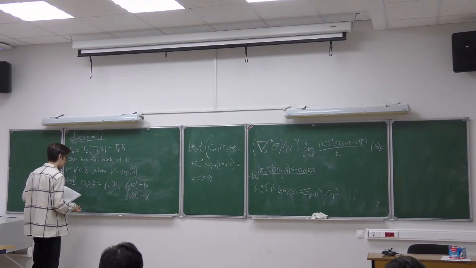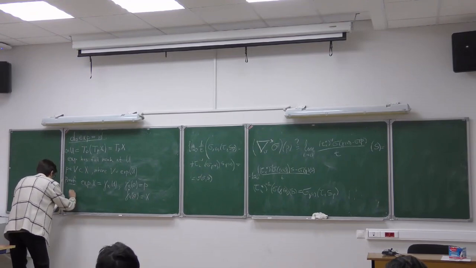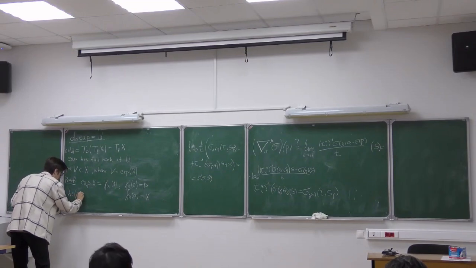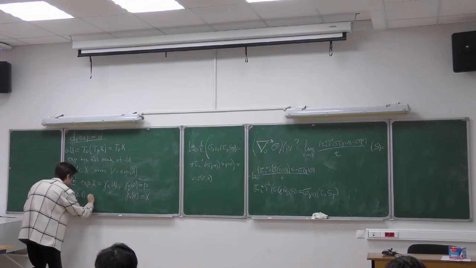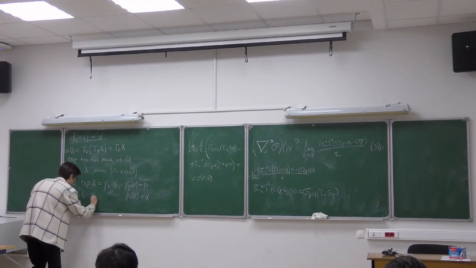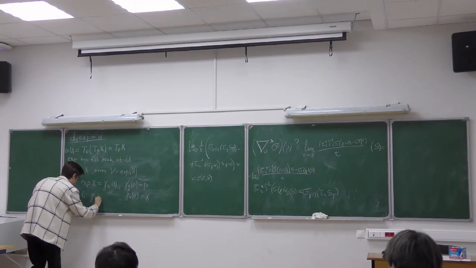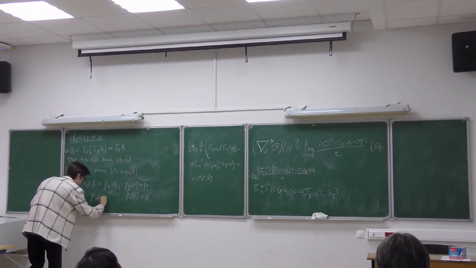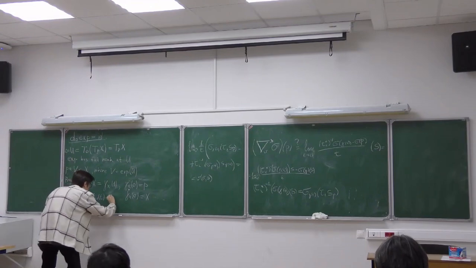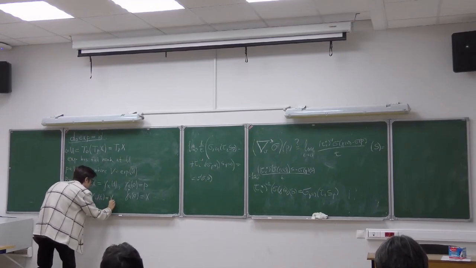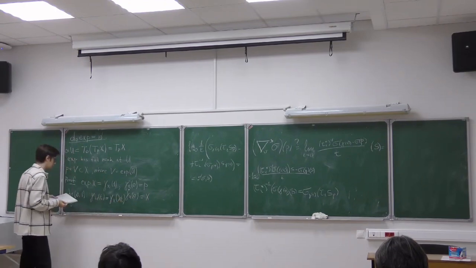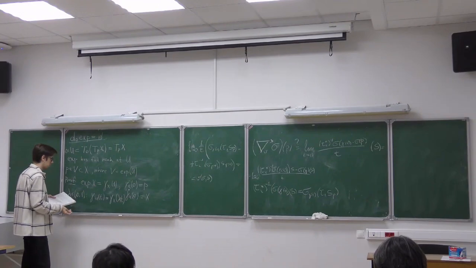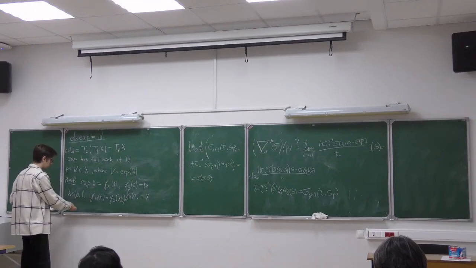We need to use that for lambda in (0, 1), it's true that gamma_{lambda x}(t) is the same as gamma_x(lambda t).